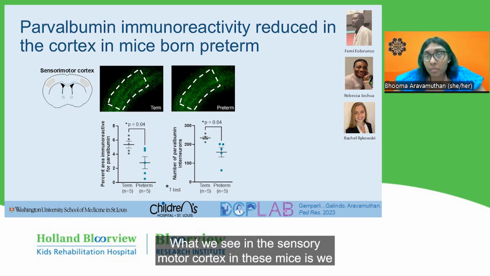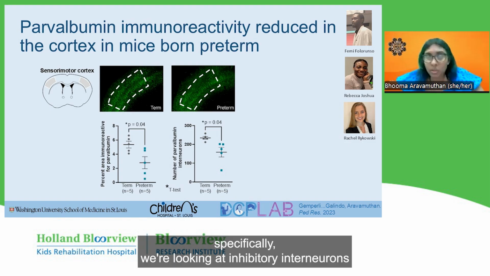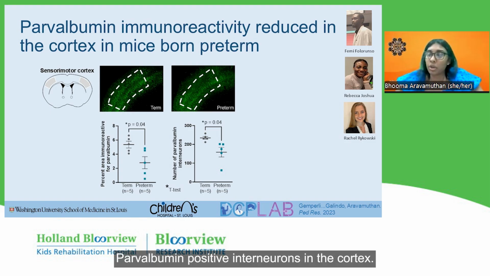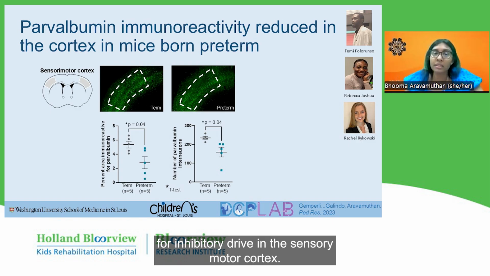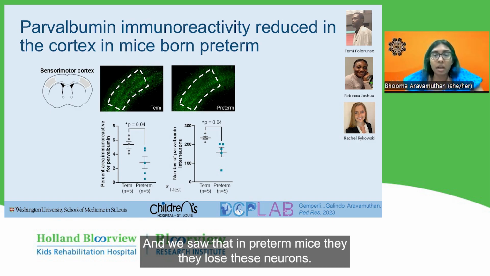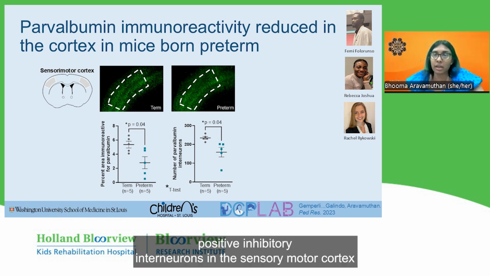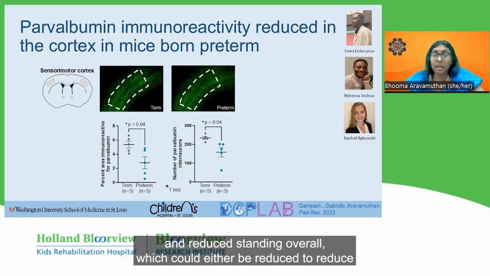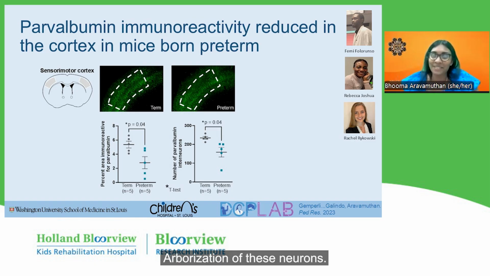What we see in the sensory motor cortex in these mice is, we were specifically looking at inhibitory interneurons, parvalbumin positive interneurons in the cortex. These are the interneurons that are primarily responsible for inhibitory drive in the sensory motor cortex. And we saw that in preterm mice, they lose these neurons: a reduced number of parvalbumin positive inhibitory interneurons in the sensory motor cortex, and reduced staining overall, which could be due to reduced number or reduced arborization of these neurons.